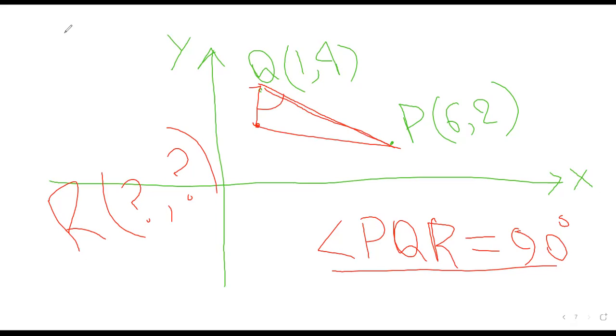So if Q is 90 degrees, then there is no way of this. We can join these 2 points, absolutely right, this is Q, and we are just going to get rid of this point also.